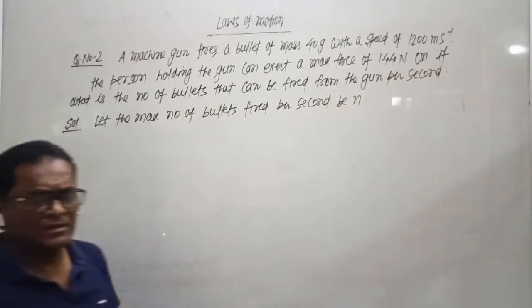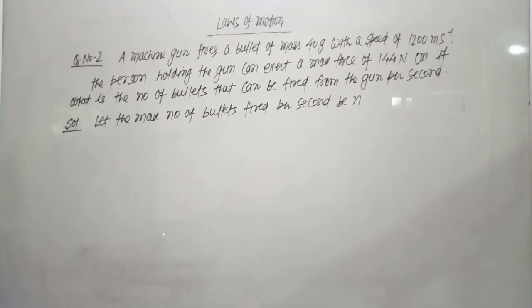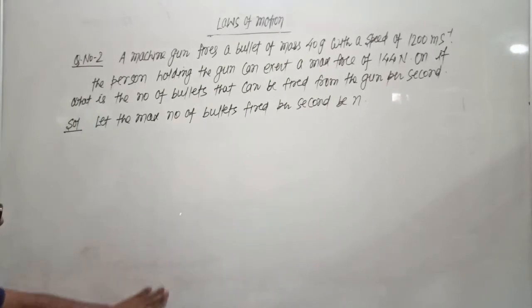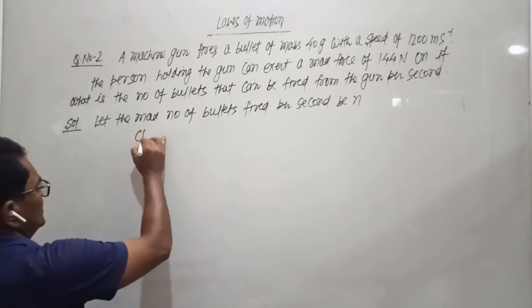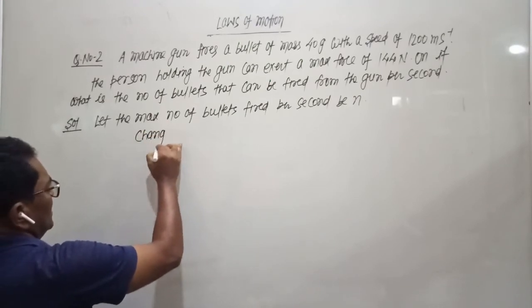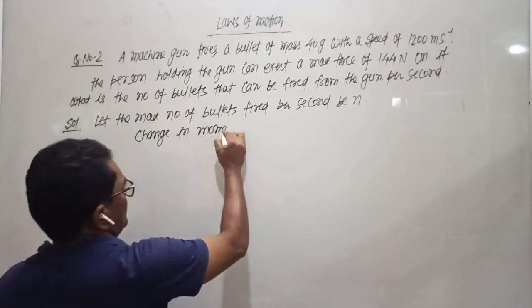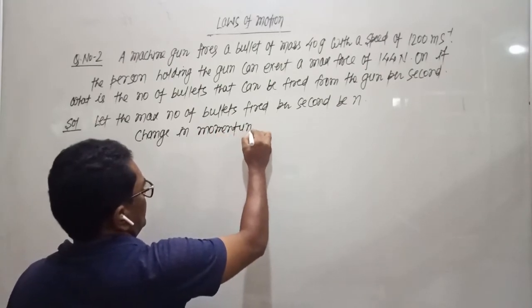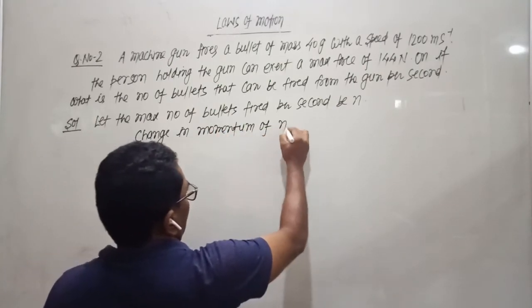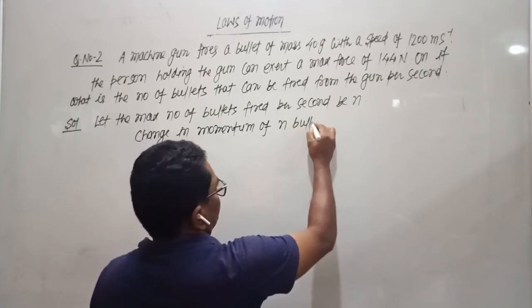N is the maximum number of bullets that can be fired per second. Then we calculate the change in momentum of n bullets.